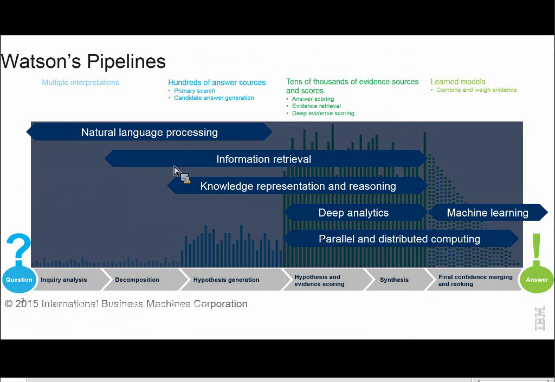So the high-level architecture for the Watson system is starting on the left on the blue question icon. Question will come into the system. There'll be some initial inquiry and analysis about the question, trying to gather up some contextual information so that it can garner a better understanding of the question as a whole as it comes to the system.